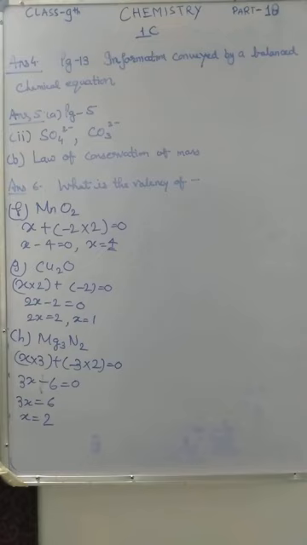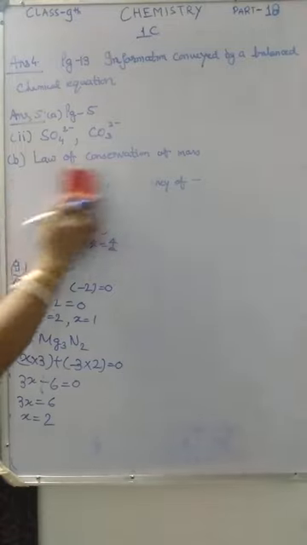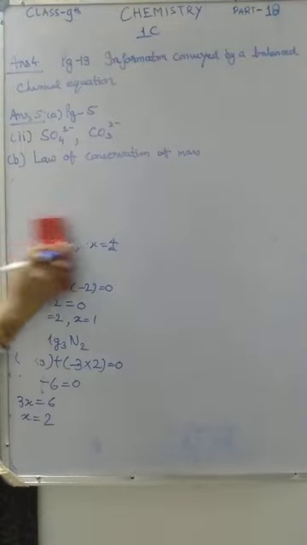So this answer is also given in page number 15. In page number 15 you will get the definition of atomic mass unit. Now question number 9 part B, you have to calculate the molecular mass of the following.